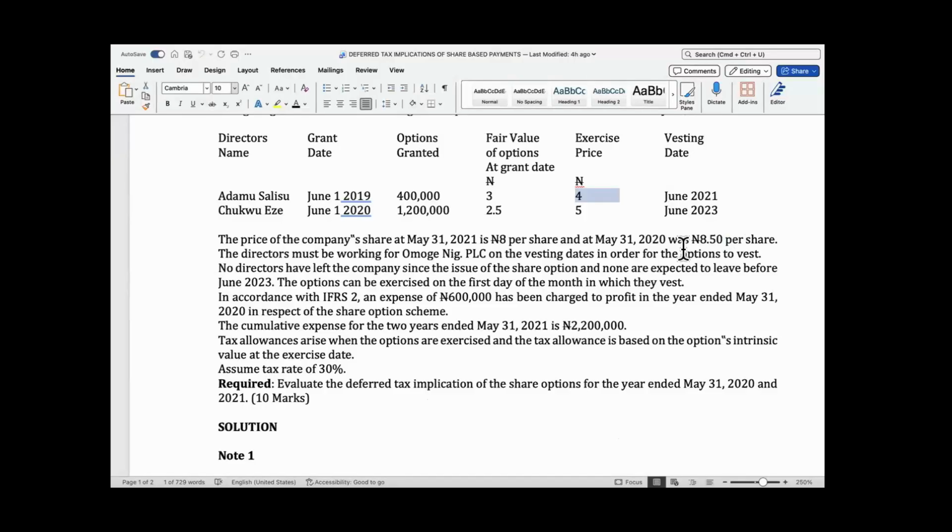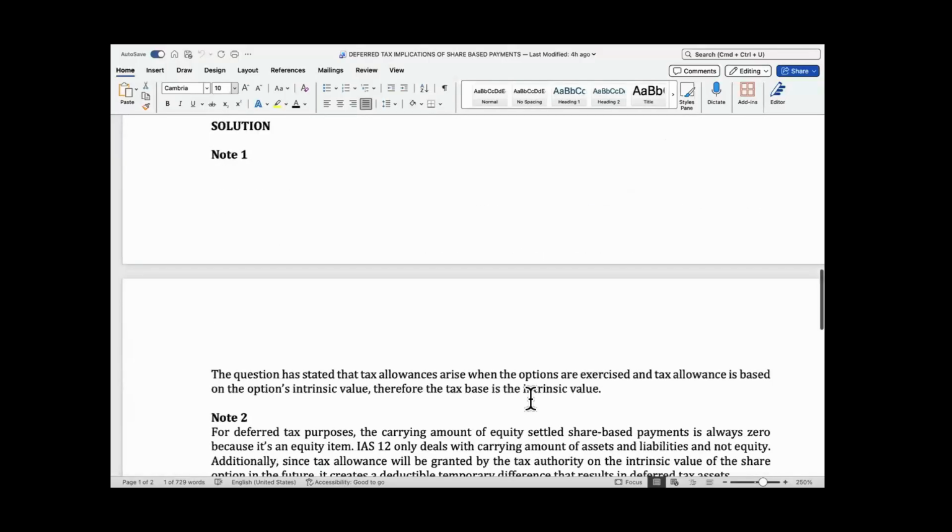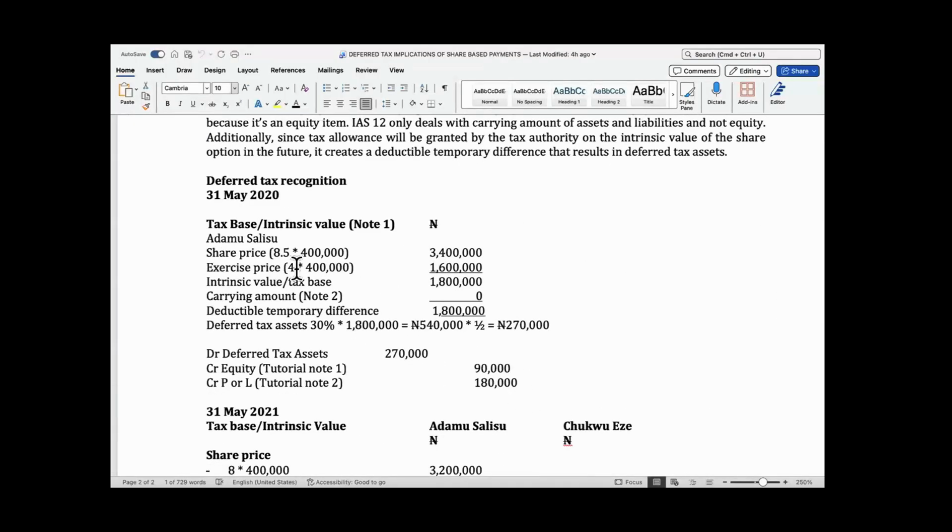So if I multiply 4.5 times the options granted, which is 400, that will give me my intrinsic value, which I computed here for you. Share price minus exercise price, so I shall get my intrinsic value.